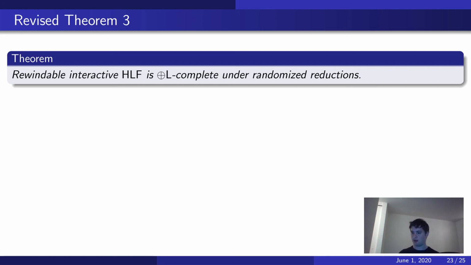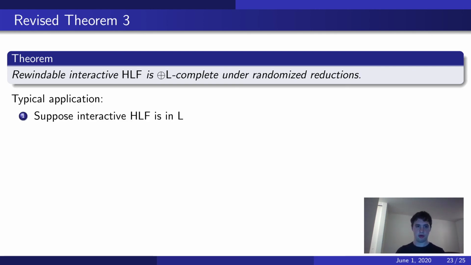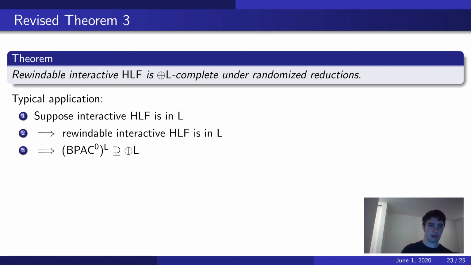So let's use it to solve a simple problem to show that log space can't solve it, for instance. So imagine for a contradiction that interactive HLF is in log space. Since log space is well behaved and classical, we get that rewindable interactive HLF is in log space.